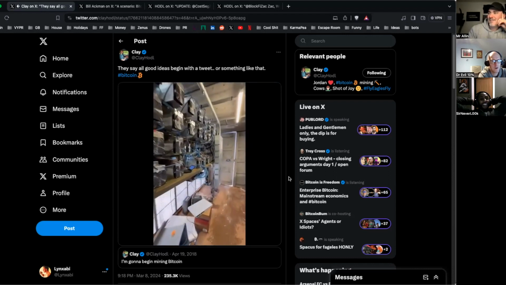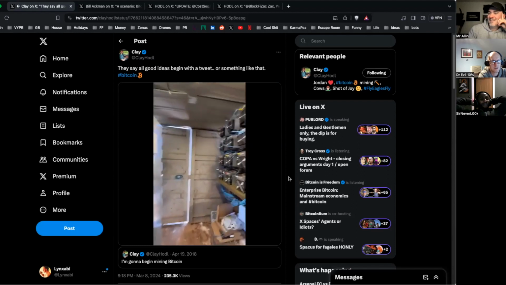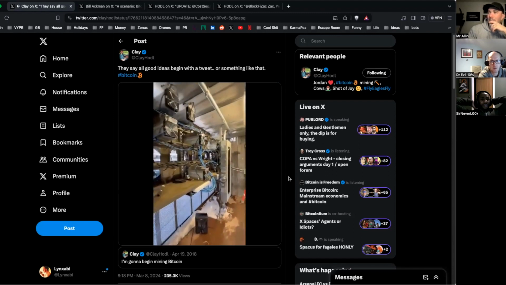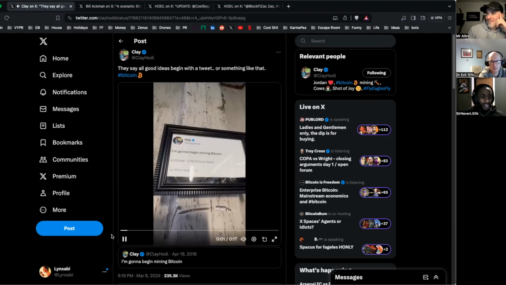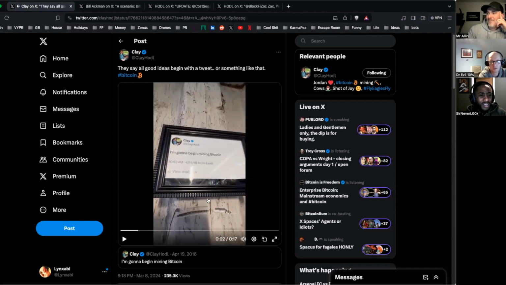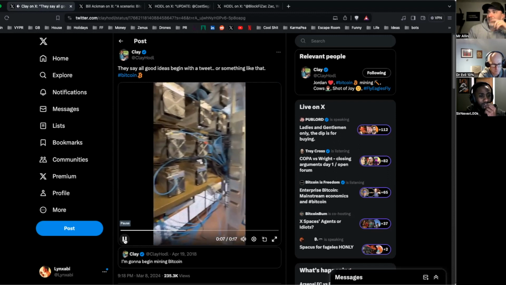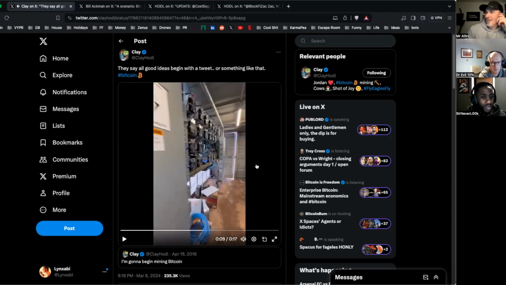Look at the miners. 6 years later, he's got a shitload of miners in his garage. Looks like a barn. Oh no, it's bigger than a garage, isn't it? Yeah, I think you see at one point the door or something. Yeah, it looks like a storage container or something.